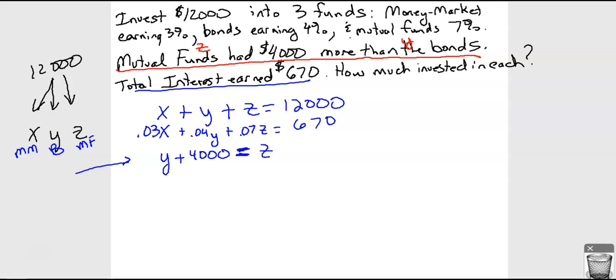What we're going to do is solve all of these equations using the same process of row echelon form. Now, one thing I would recommend doing, you don't have to, but if you wanted to get rid of the decimals, you could take this equation right here and basically move the decimals over 2 spots. So 3x plus 4y plus 7z equals 67,000.